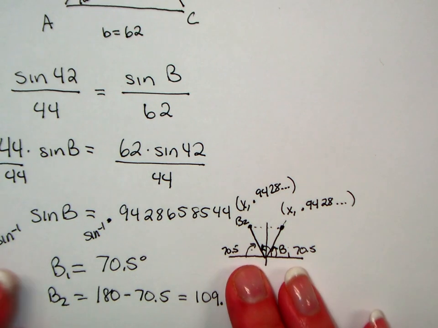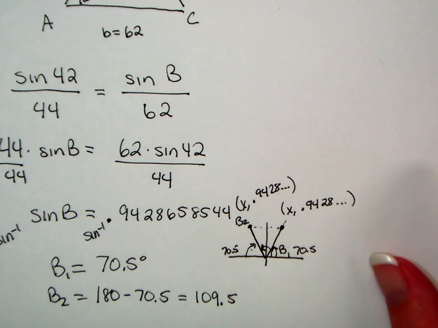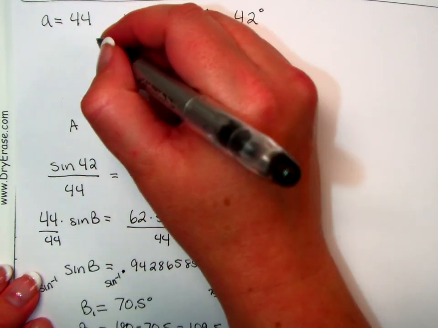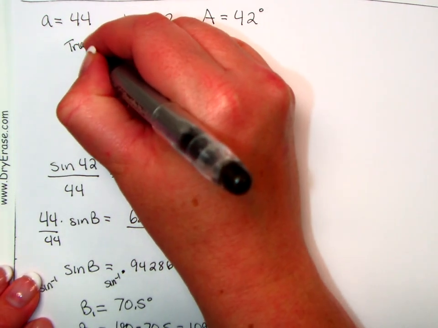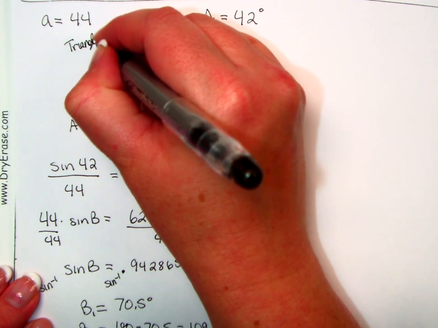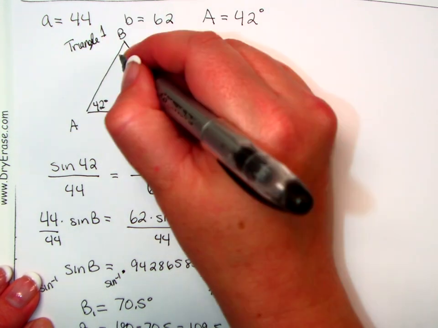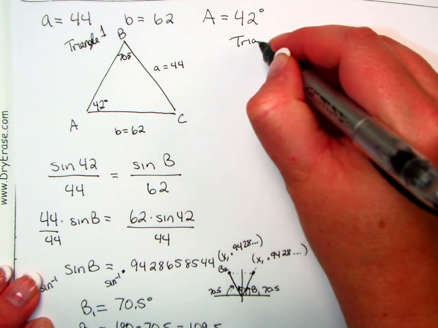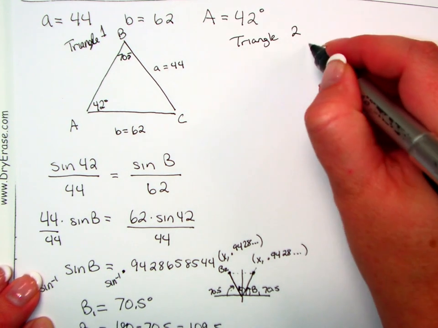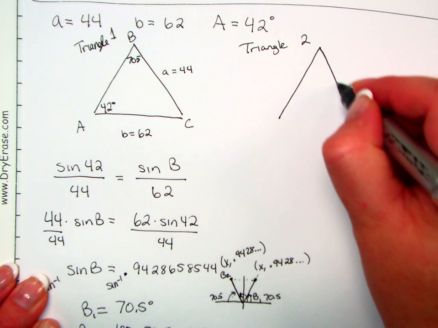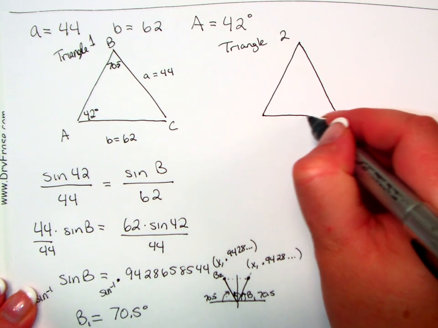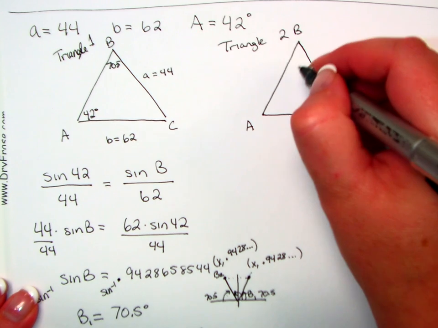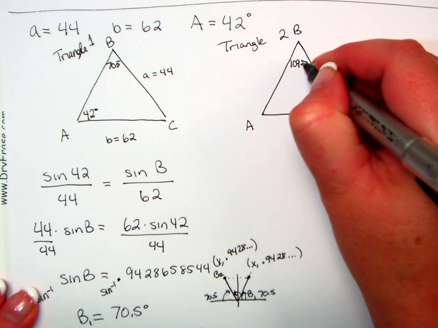That means I need to draw 2 more triangles up here at the top of my page. So this is going to be like triangle 1, and I'm going to label this 70.5. Now I'm going to do triangle 2 here, and I'm going to label angle B the other solution. A, B, C, 109.5.